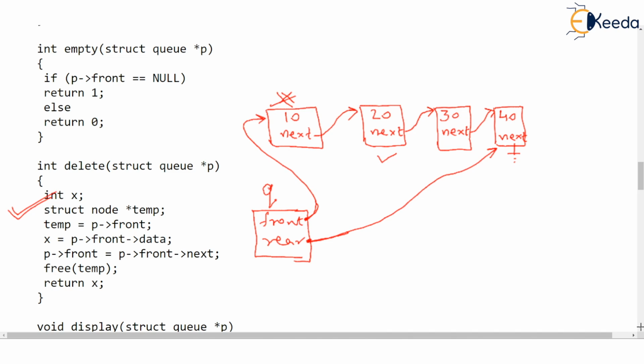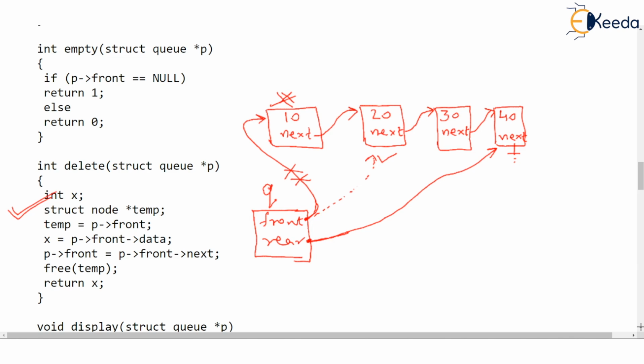So the change necessary is that the front pointer, which is pointing to 10, should discontinue to point to 10, and should point to 20. Isn't it so? And any other change needed? Absolutely no other change needed. That's it.